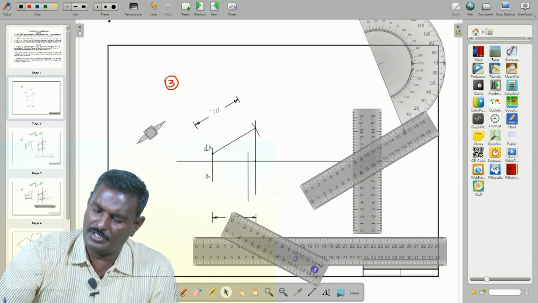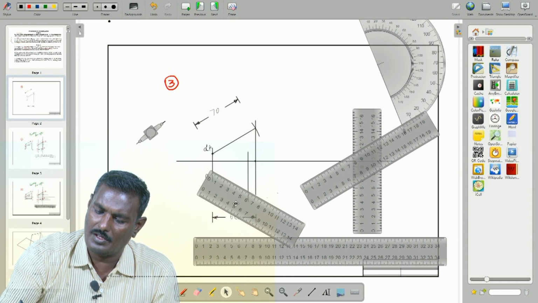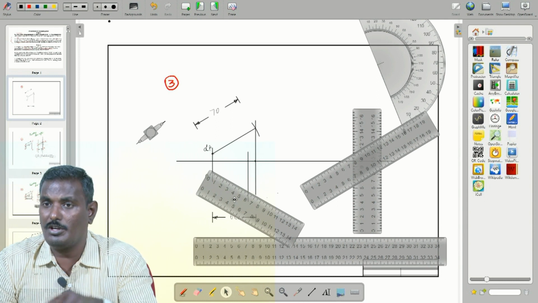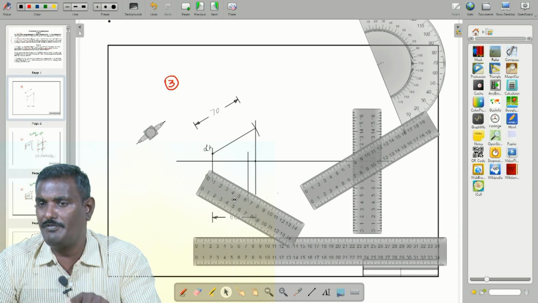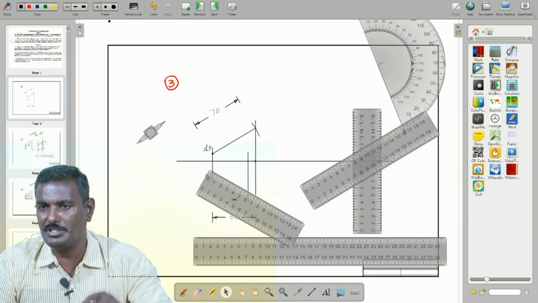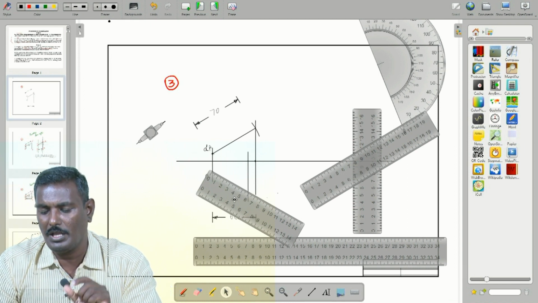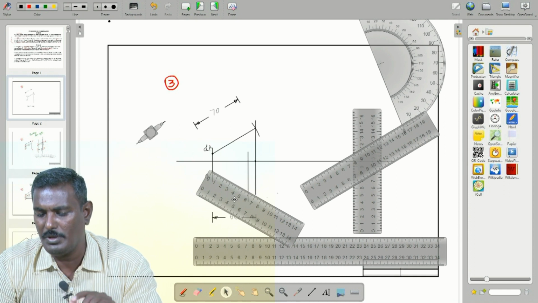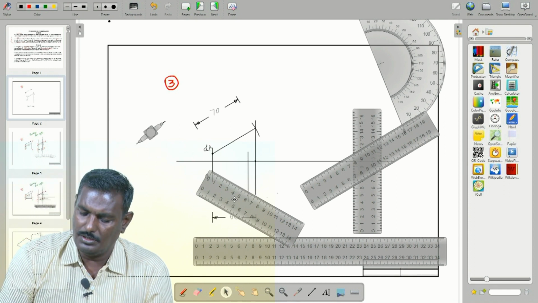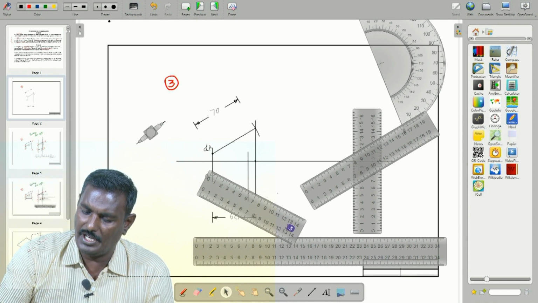I just rotate. But here it is not possible, because 50 mm in this compass is not adopted. So I take the scale, and by use of that scale itself I have to mark 50 mm. So how? Here I rotate.